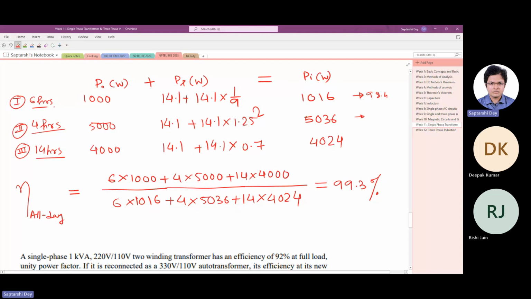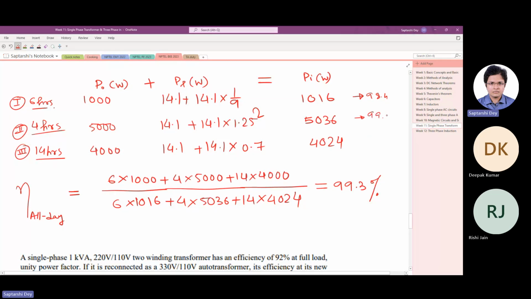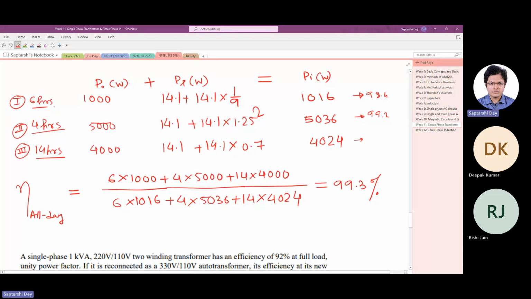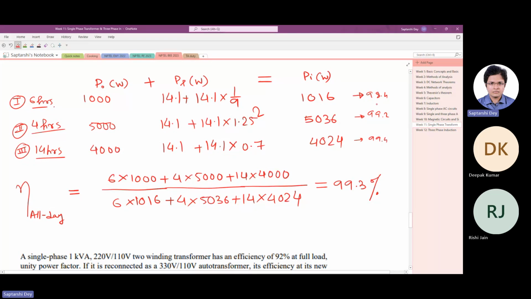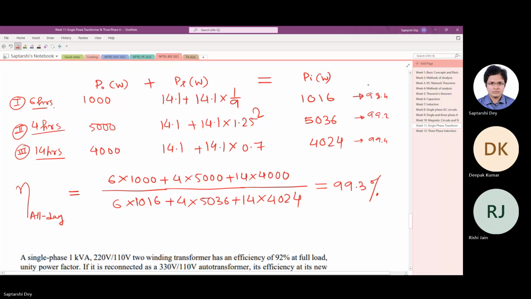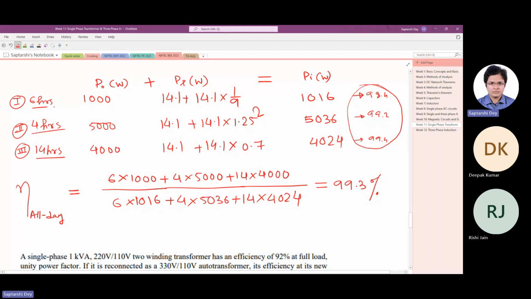For this 4 hours, this is not required, I am telling you only to give you some idea, it was more, 99.2. For this 14 hours, the efficiency was 99.4. So the efficiency keeps on varying throughout the day. What we are concerned of in case of distribution transformer is the all day efficiency, the average efficiency that should be maximized.